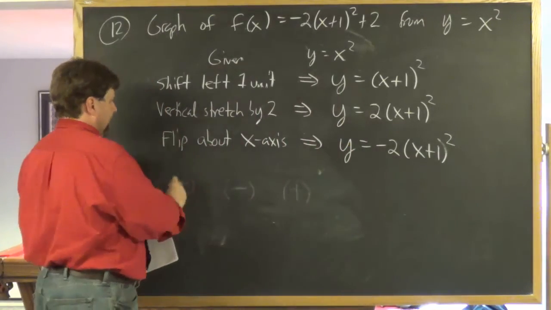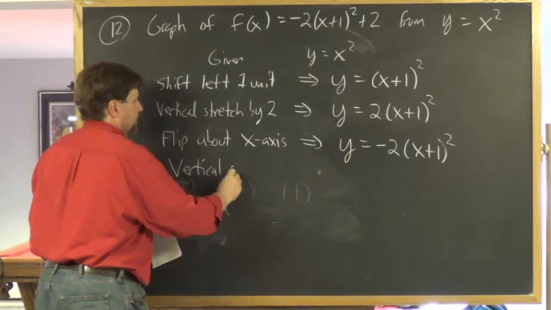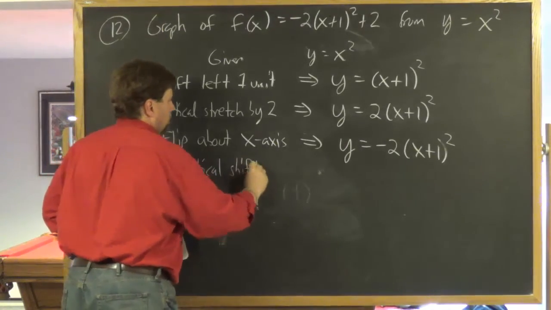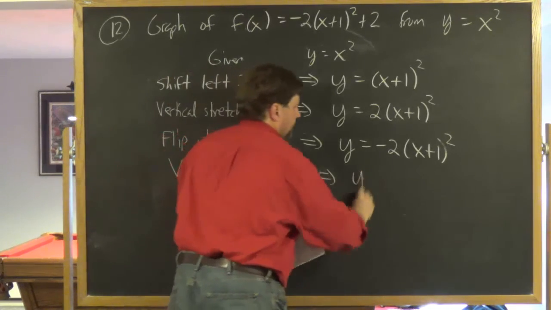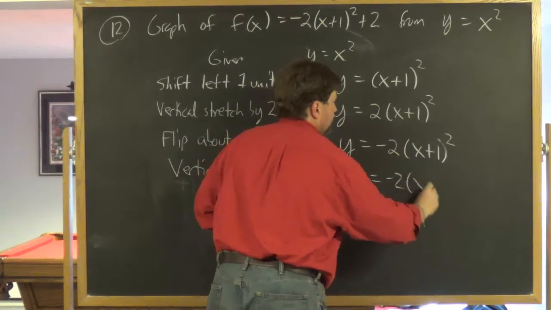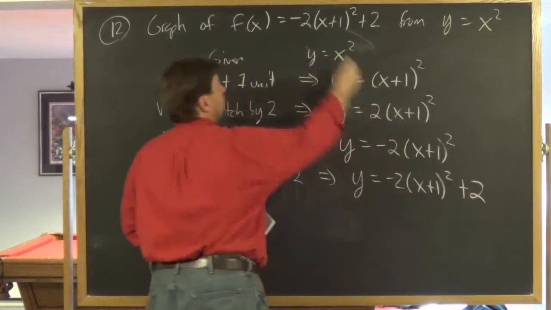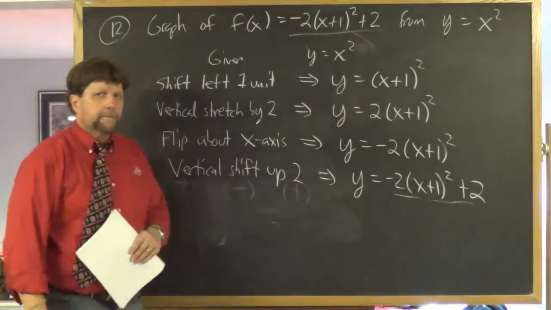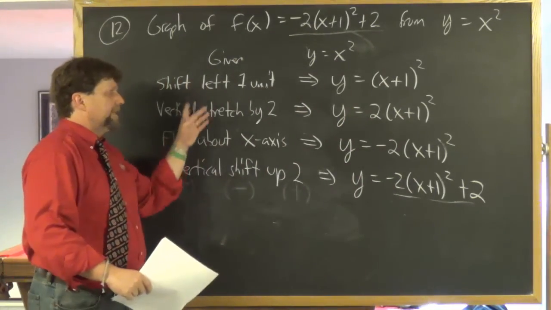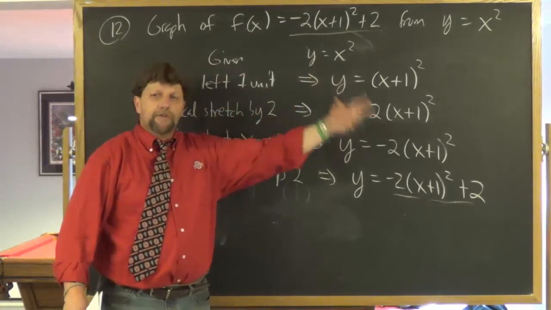And then finally, if I do a vertical shift up 2 units, I get negative 2 times x plus 1 quantity squared plus 2, and I'm done. So that's how I would list the transformations in words and the corresponding function that would be produced.